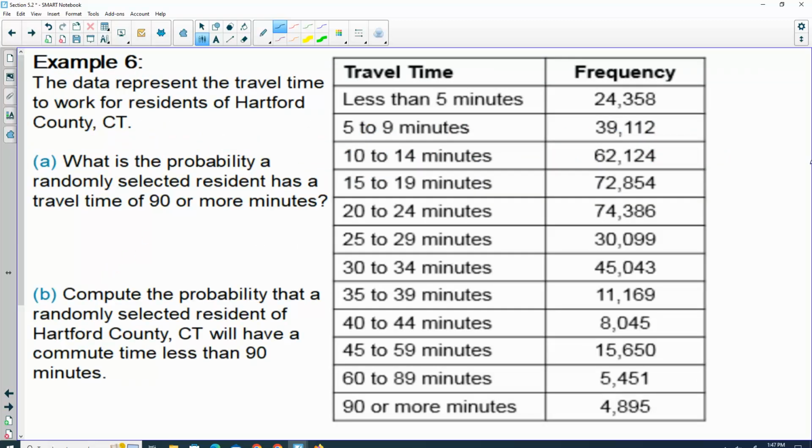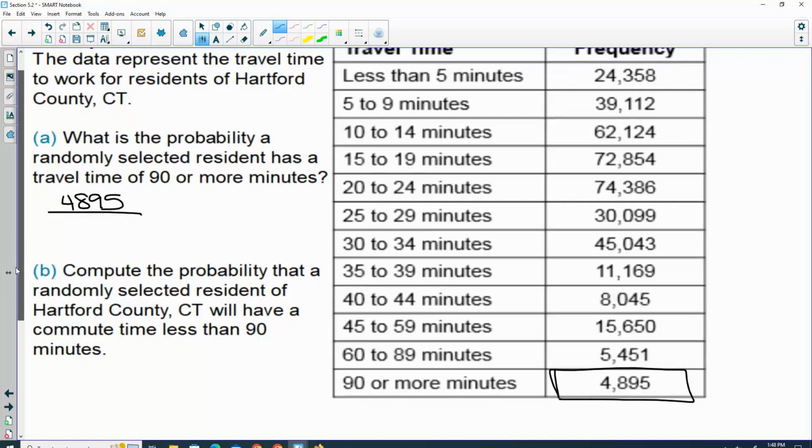This data gives us the travel time to work for residents of Hartford County, Connecticut. What is the probability a randomly selected resident has a travel time of 90 or more minutes? So 90 or more, that's this, the 4895, but what do I have to divide it by? The sum, so we have to add all these up.